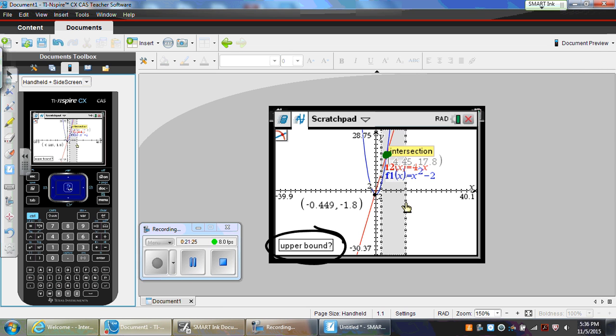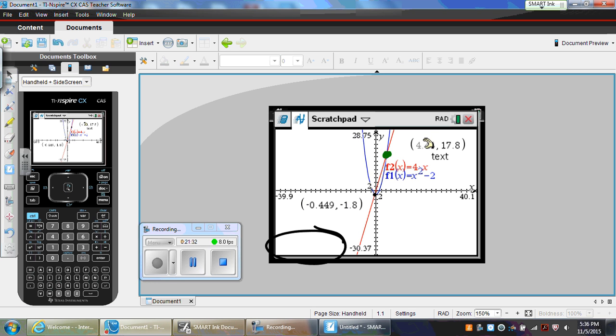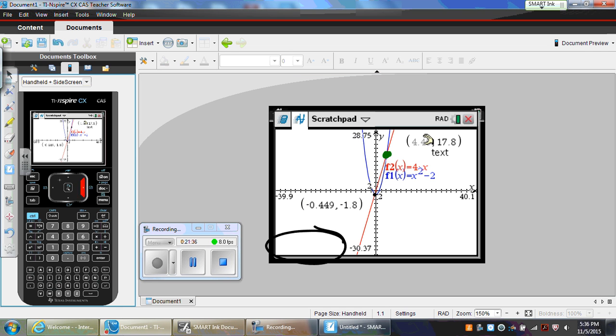So that means we need that line to be on the right side. Press the center button. And now we get the x and the y values. So we have 4.45 and negative 0.449. You do have a question like that, so make sure you do try to solve it.